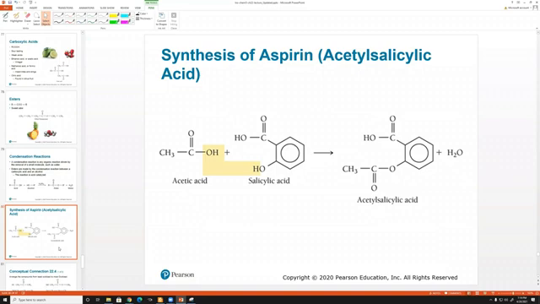Here's again an acetate and a salicylic acid, and this is aspirin. Acetyl salicylic acid is aspirin, and that's how it's synthesized. Both of these are very cheap products, so you can buy them.